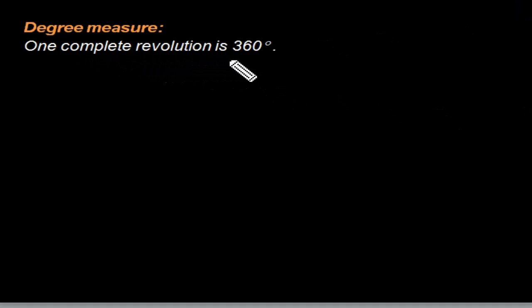Now degree measure. How to measure in degrees? We know that one complete revolution is 360 degree, is it or not? If this is the initial line, for one complete revolution it takes 360 degree.